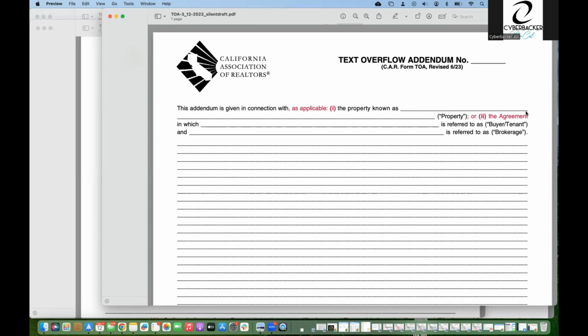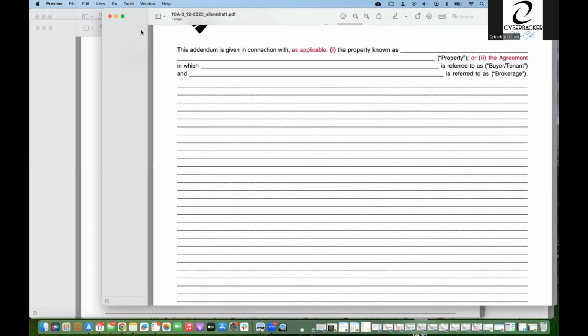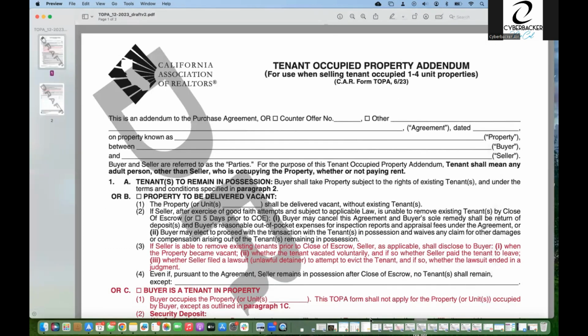There's also one between the seller and the brokerage, and then one between the buyer and the seller. So they've just provided additional options for that text overflow addendum to make sure that it represents the correct parties. Those were the changes made to the TOA forms.